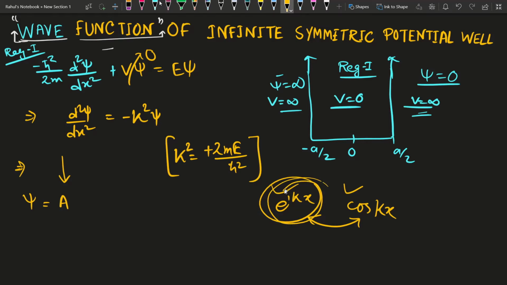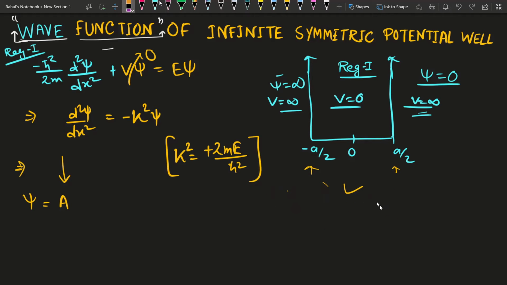So whenever there is no boundary, then you can use this form, and whenever there is a sharp boundary, minus a by 2 and plus a by 2, then you can use this form. Okay, so this is just something to say about these things. Now what will be this? So here there is a sharp boundary, that means we can use A cos kx plus B sine kx.